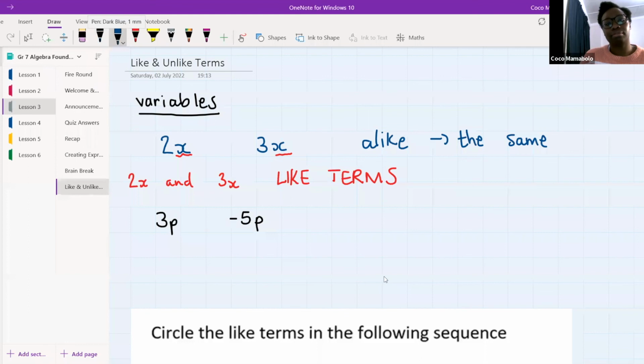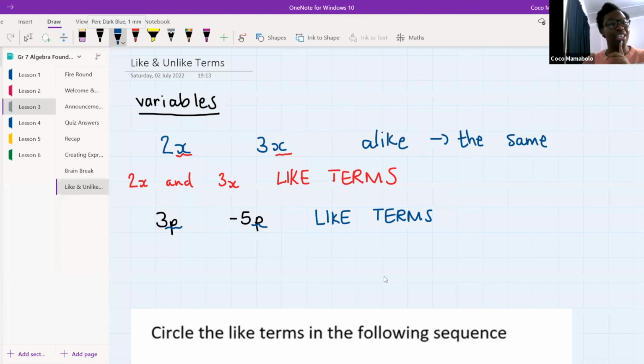Yes, ma'am. Why? Why are they the same? Because they have the same variable. Thank you. They have the same variable. So rather than saying they have the same variable, I can call them like terms. Okay, very well done. I knew you'd get that answer. Because of the p. Okay, I hope you guys are understanding this term.